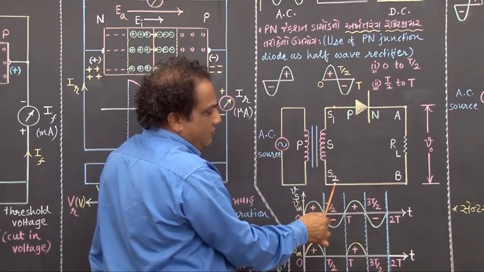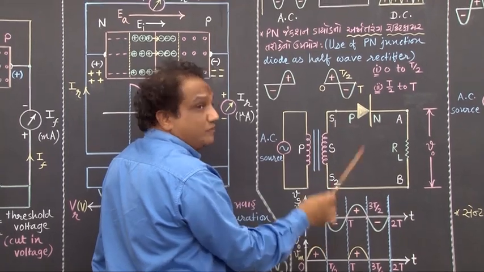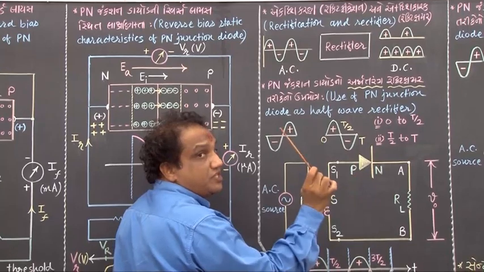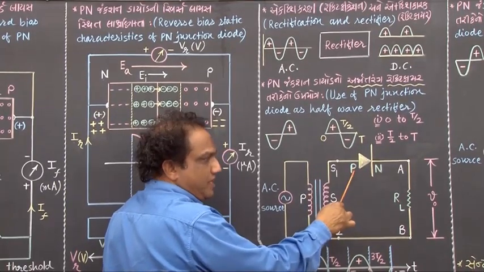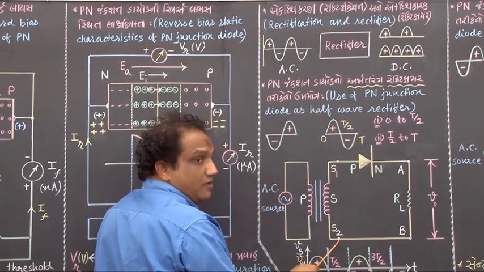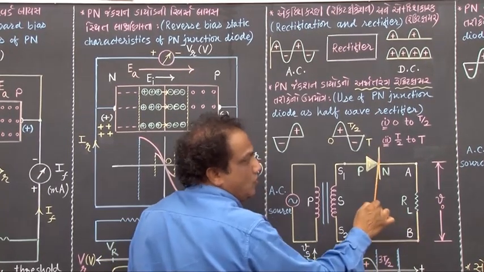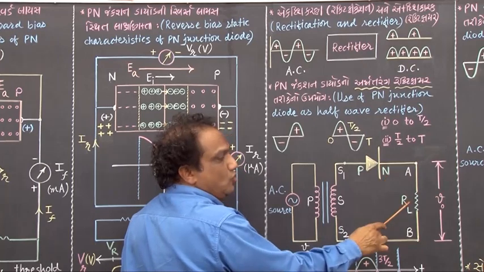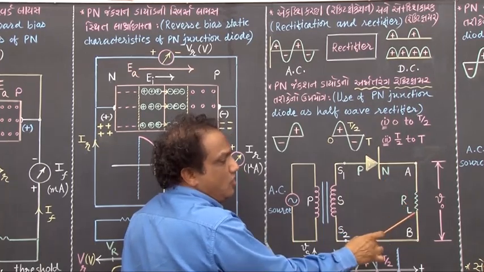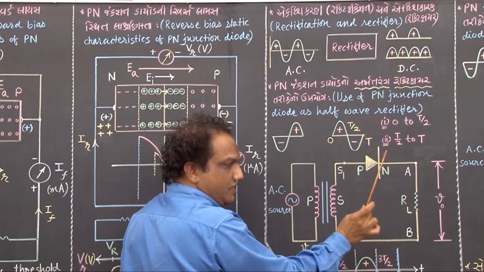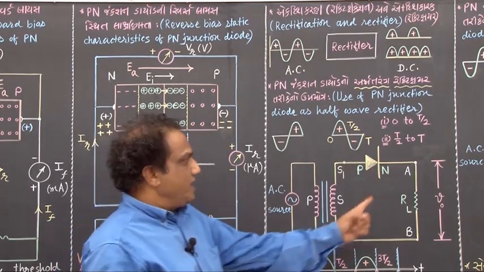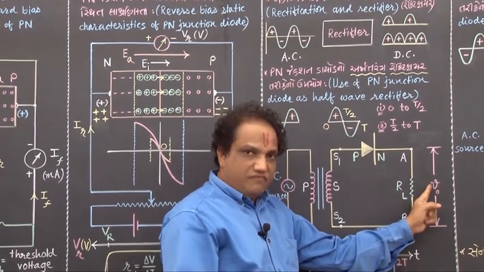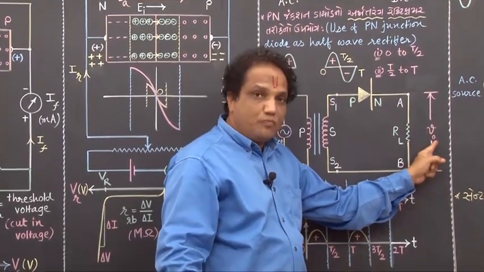Its two terminals I have shown by symbols S1 and S2, out of which S1 is connected to the anode of the PN junction diode, that is with P-type semiconductor, and the second terminal S2 is connected to the cathode of the diode, that is with N-type semiconductor, through some proper resistance which we call load resistance. Correct? Any voltage obtained across this load resistance is called output voltage. We will show it by symbol VO.